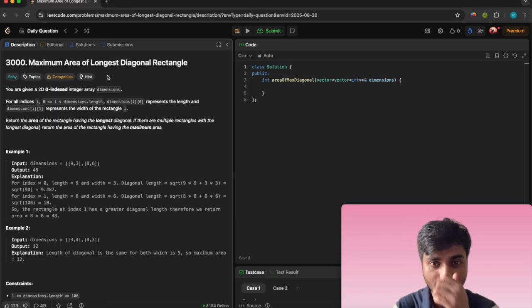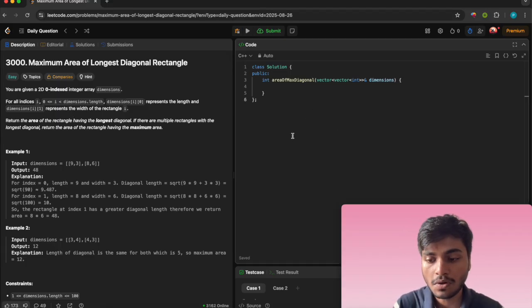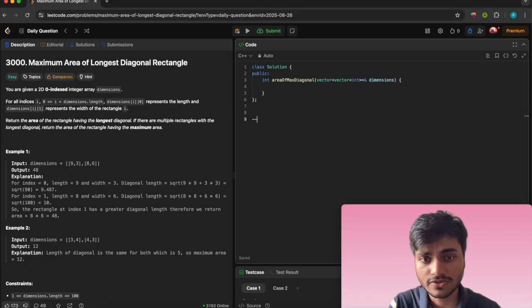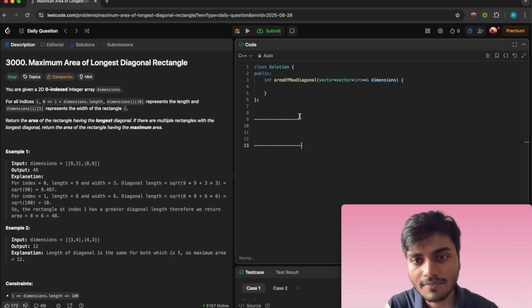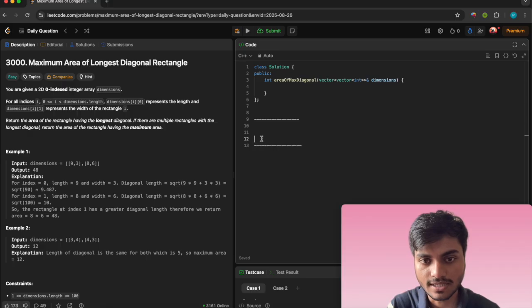Let me consider a rectangle. Think of it as a rectangle, and you have a diagonal from here to here.